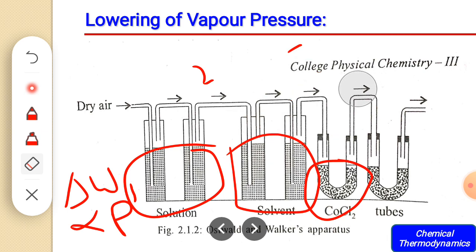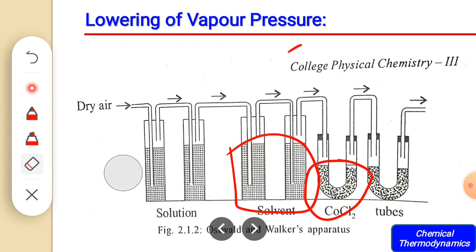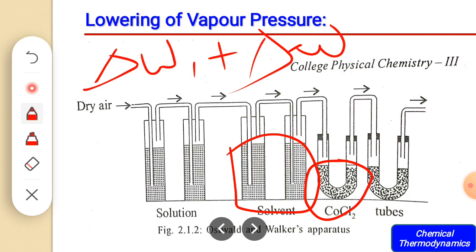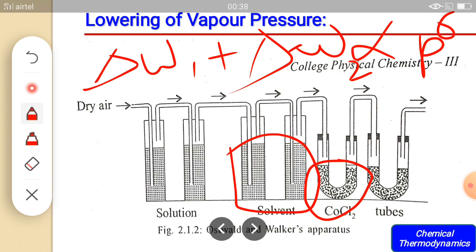delta W1 plus delta W2, and it corresponds to the vapor pressure of the pure solvent. So we have the vapor pressure of pure solvent, the vapor pressure of solution, and the vapor pressure of pure solvent.